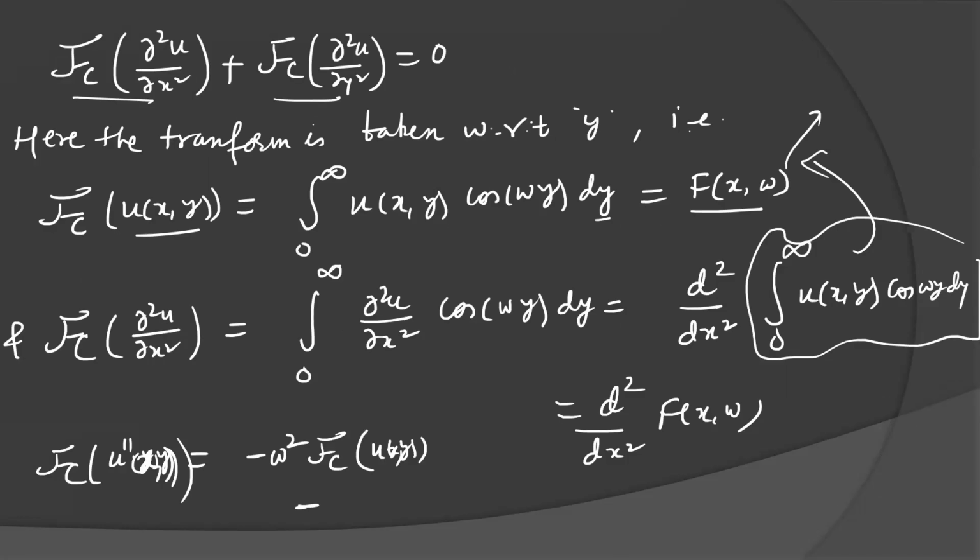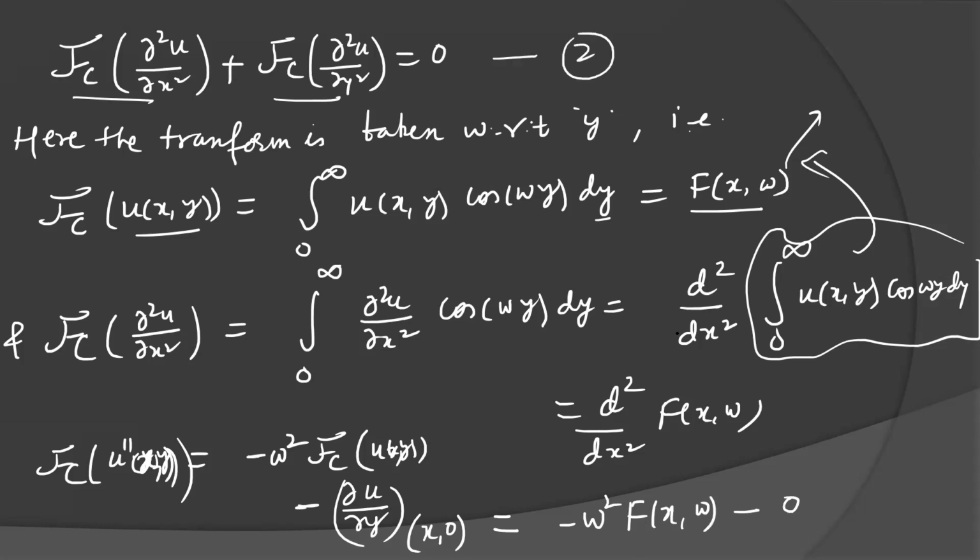Minus del f by del y means del u by del y at y equal to 0, keeping x together. So this will be equal to minus omega square F(x, omega), and this term is given, I think 0 here, so it will be 0. Now use these values in equation 2. We get d2 by dx2 of F(x, omega) minus omega square F(x, omega), and this term is 0, equal to 0.